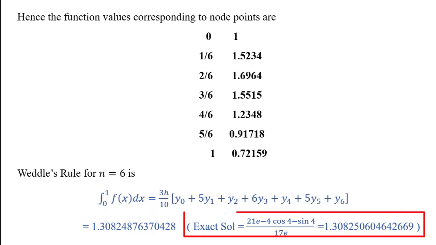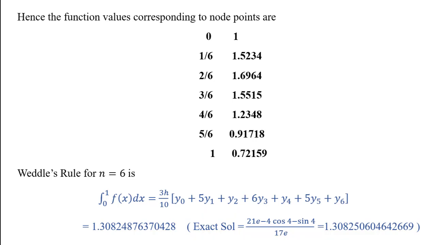And here is the exact solution, and you can see the value of the exact solution is accurate up to 4 decimal places to the numerical value obtained by Weddle's rule.